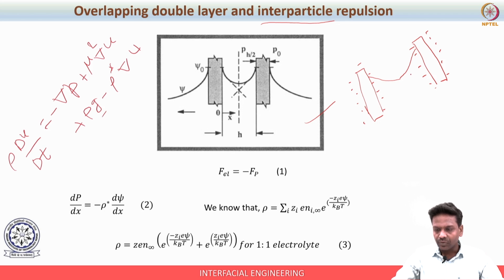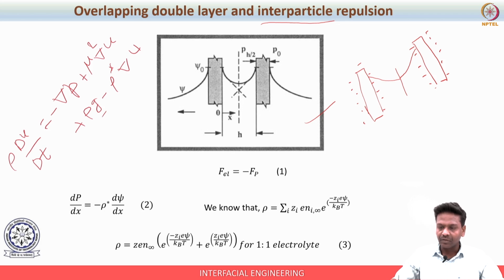What if these two objects approach very close to each other? There will be overlap between the double layers, and when they overlap, there will be repulsion between the two. That is because of the overlapping double layer of each object.